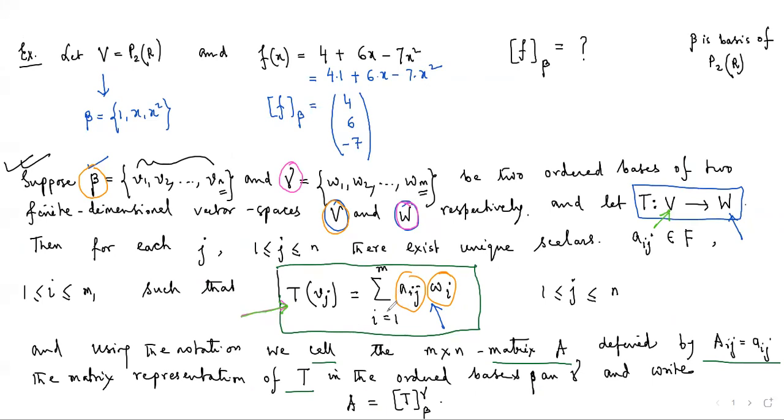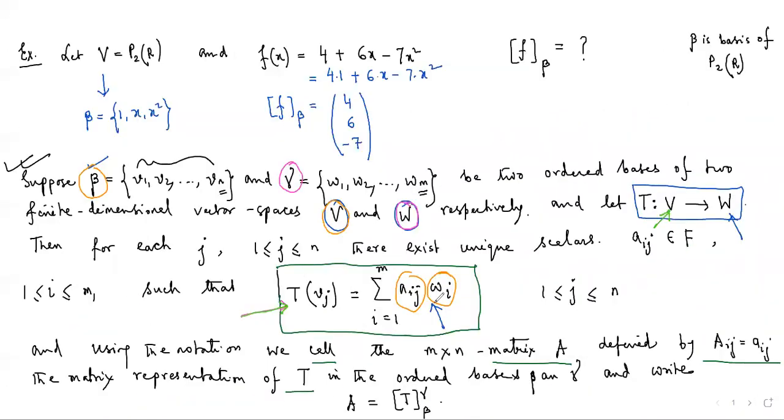If I take i equal to 1, we get A1j into W1 plus A2j into W2, A3j into W3. So these things, A1j, A2j, A3j, will they come row wise or column wise? They are coming row wise or column wise.